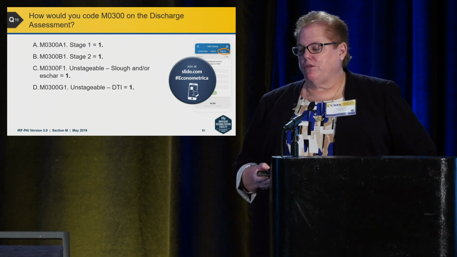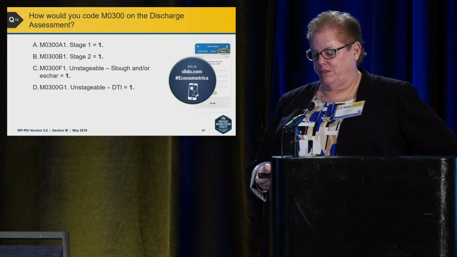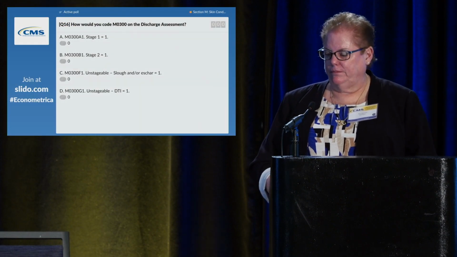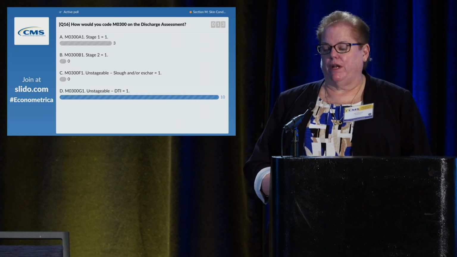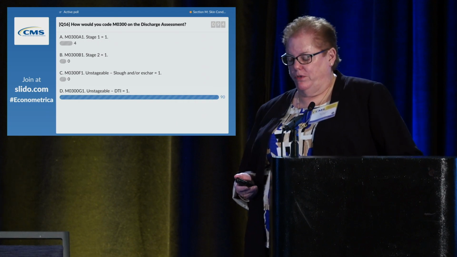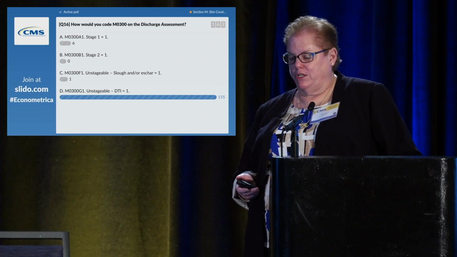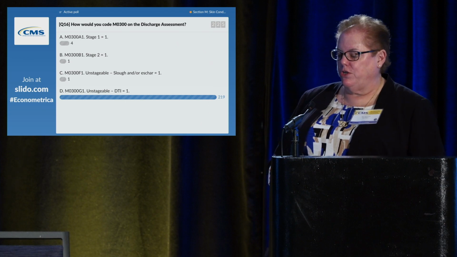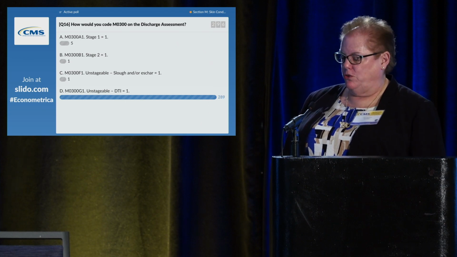How would you code M0300 at discharge assessment for this particular patient? So would you code it as 300A1 as stage 1, 300B1 as stage 2, 300F1 as unstageable due to slough or eschar, or a 300G1 unstageable due to a deep tissue injury?